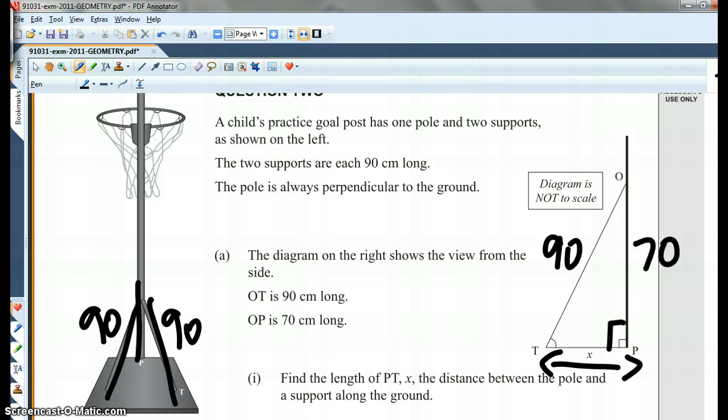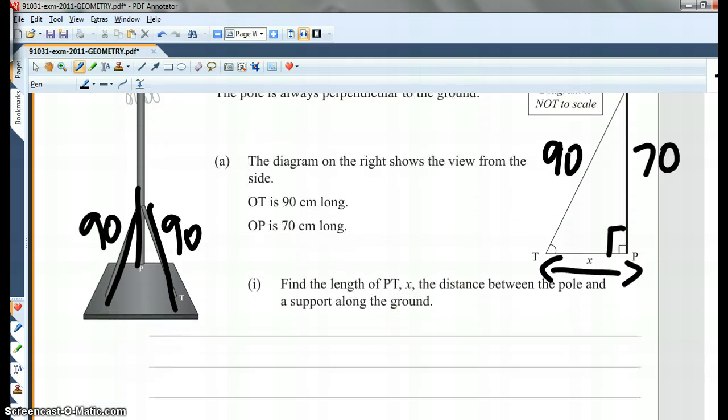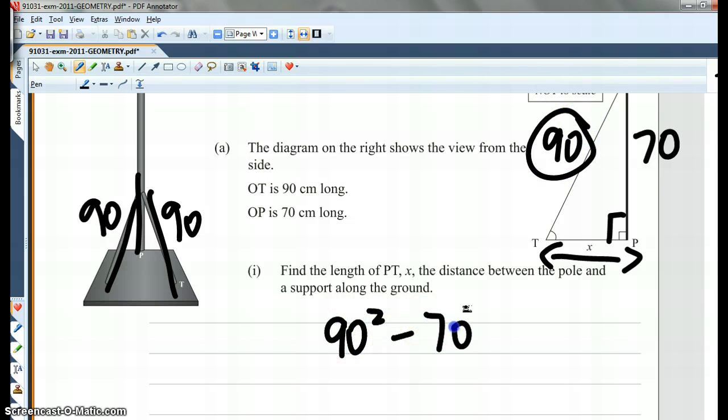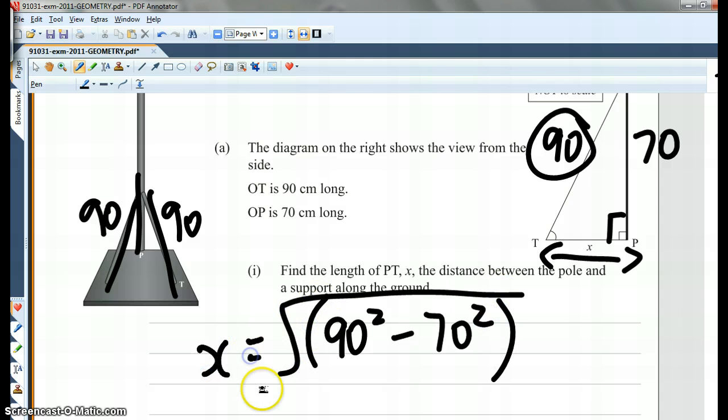Okay, so we've got a right angle triangle, we've got 3 sides, we've got Pythagoras. But because this is the longest side, we go the 90 squared minus 70 squared, put it in brackets, take the square root, and we'll get the x.